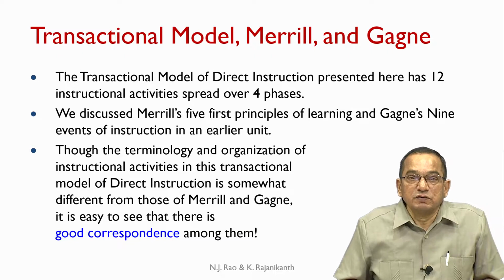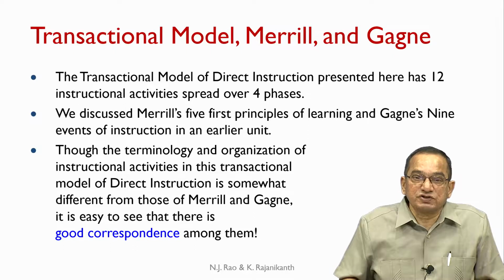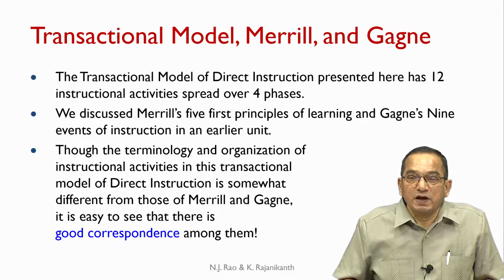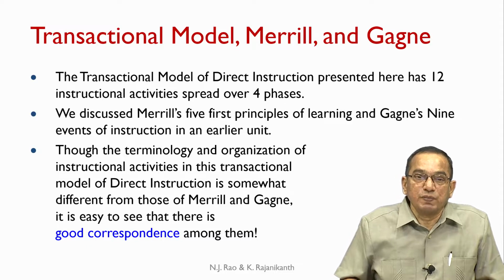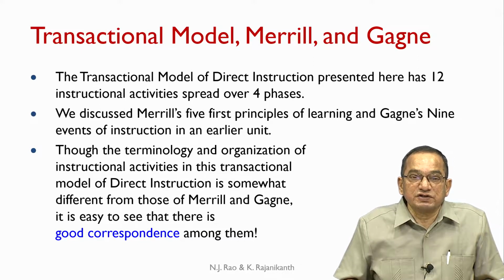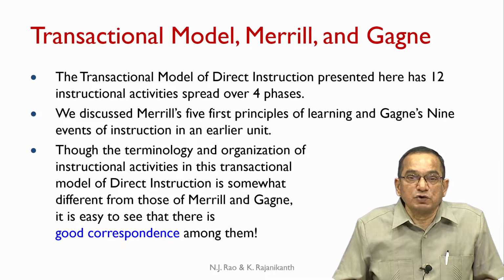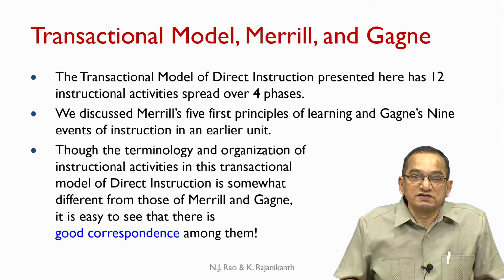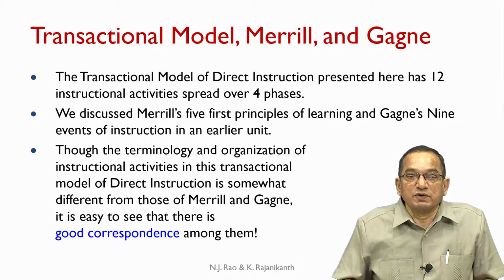The transactional model of direct instruction presented here has 12 instructional activities spread over 4 phases. We discussed Merrill's 5 principles of learning and Gagne's 9 events of instruction in an earlier unit. Though the terminology and organization of instructional activities in this transactional model of direct instruction is somewhat different from those of Merrill and Gagne, it is easy to see that there is a good correspondence among them.